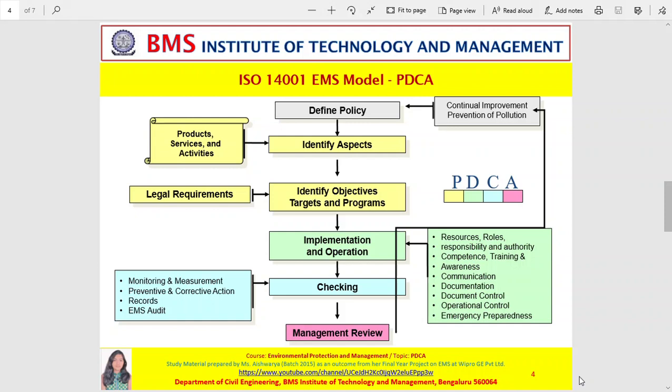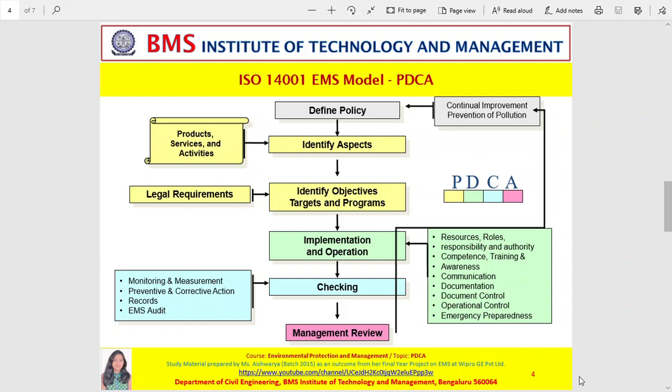To summarize whatever we've learned in the session, an EMS is a set of all procedures and practices that enable an organization to address its environmental concerns.